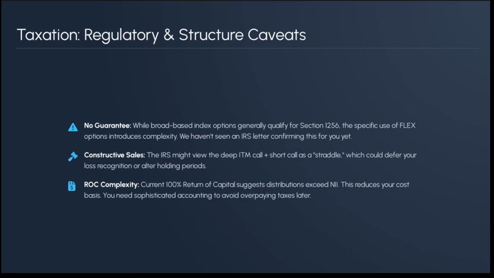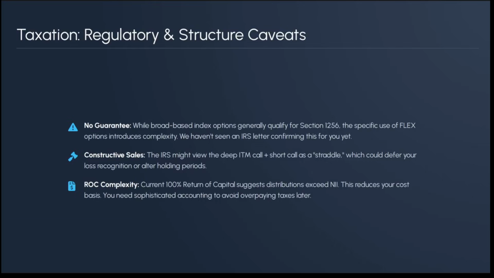All right, and then the return of capital complexity. What I think right now is that the current 100% return of capital suggests distributions exceed NII, which just means net investment income, right? That NII is, in simple terms, profit from investments like dividends or gains after expenses, relevant for taxes.